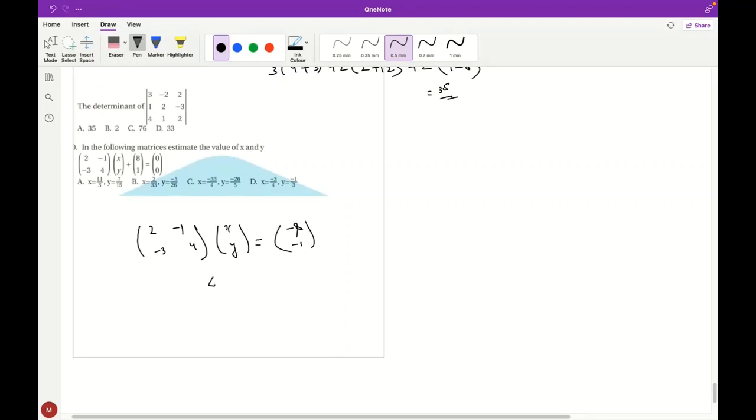So first you have to find the determinant of this matrix. So you will get 8 minus 3, which is equal to 5.